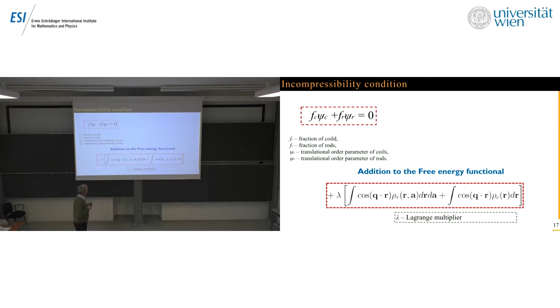But in fact we cannot do that, because we understand that this condition in the framework of the molecular statistical theory should be taken into account using the formalism of Lagrange multipliers. So we need to add to the free energy this term with a Lagrange multiplier, which has the same form as here, but these order parameters are expressed explicitly as averages. So that's also a functional of the two densities.